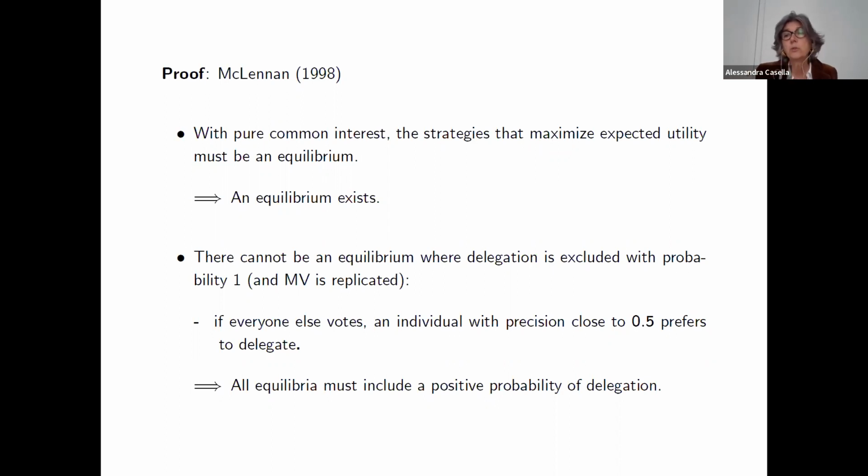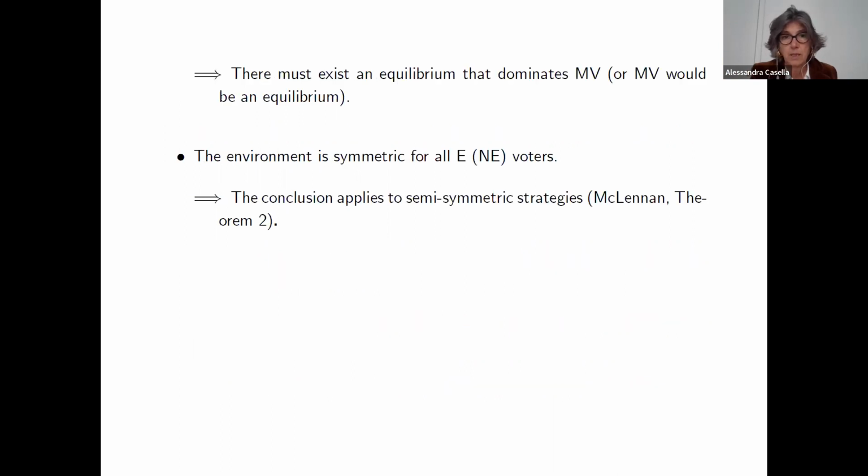So majority voting without delegation is not an equilibrium, because if everybody else votes, an individual whose precision is close to 0.5, with very bad information, always wants to delegate. That means all equilibria must include a positive probability of delegation.